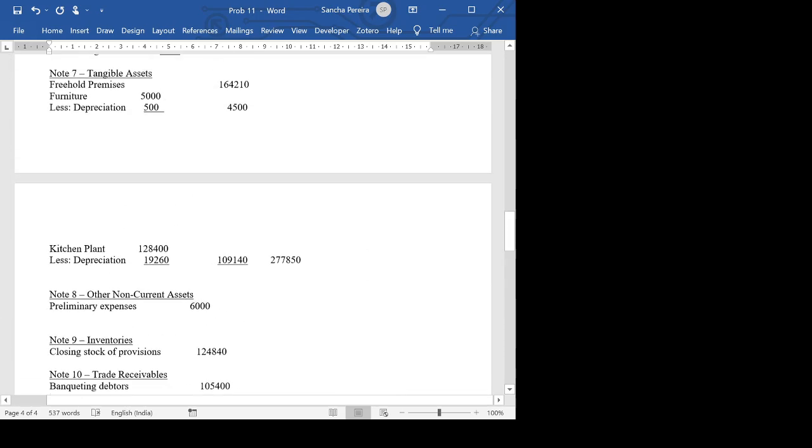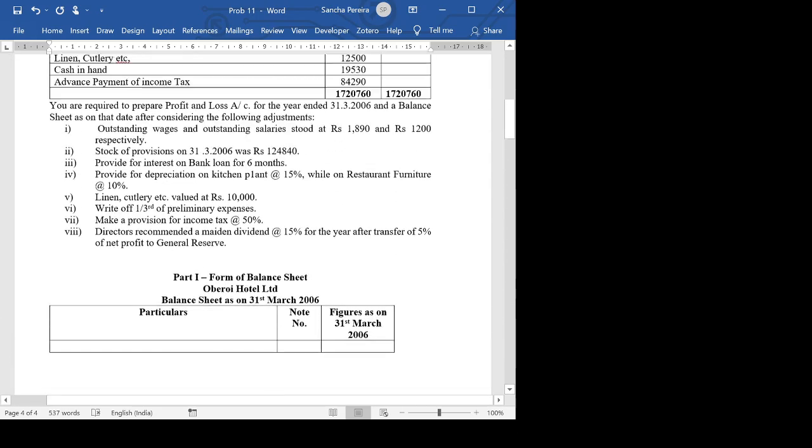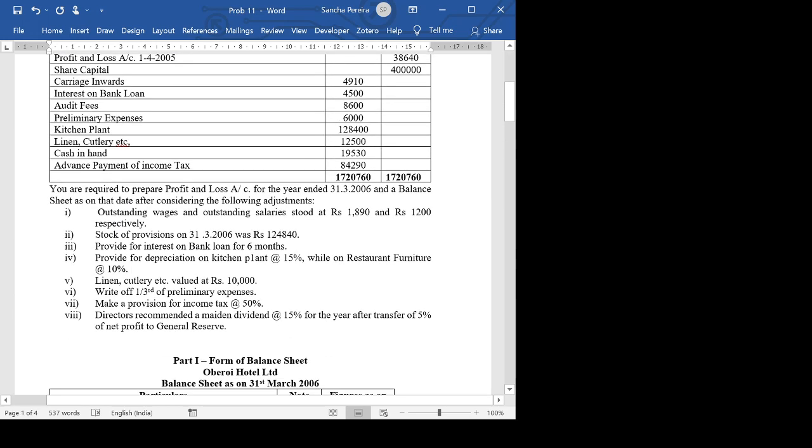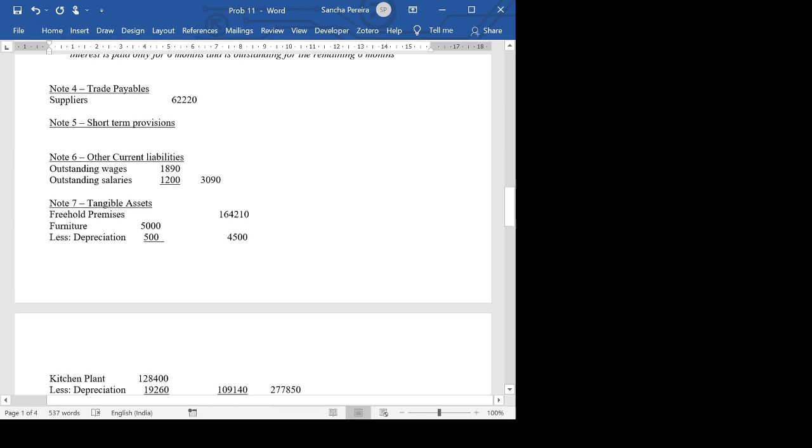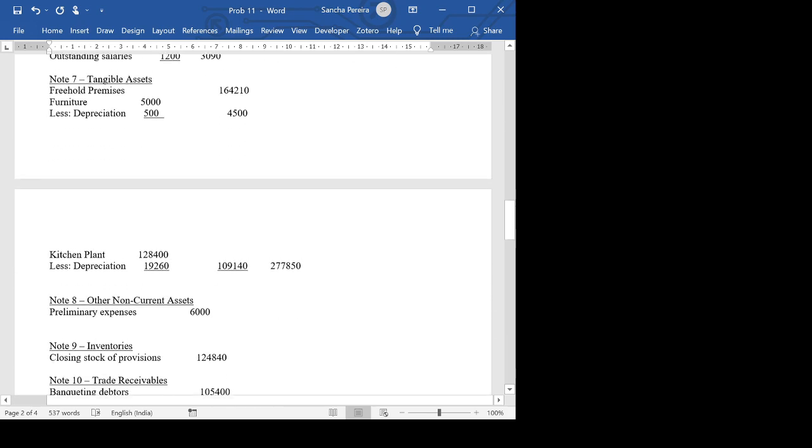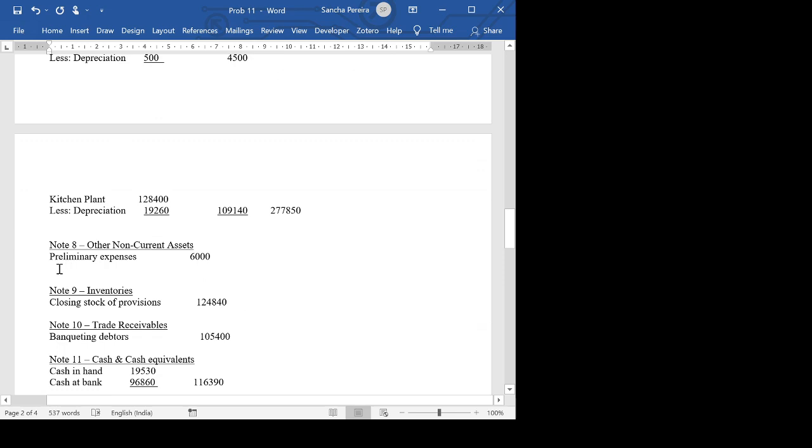Then we have: write off 1/3 of preliminary expenses. Preliminary expenses right now are 6,000, less written off. 1/3 of 6,000 will be 2,000, and the balance expenses that are left are 4,000.